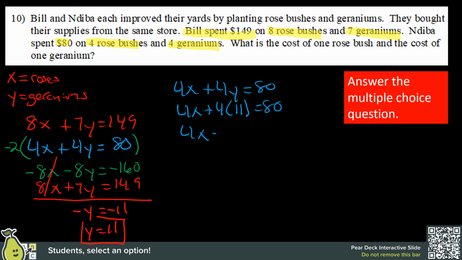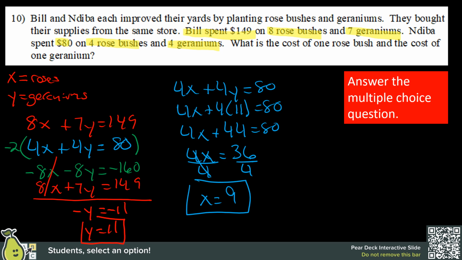So 4x plus 44 equals 80. So 4x equals, well, if we do minus 44 on both sides, you get 36. Divide both sides by 4. So we get that x equals 9.